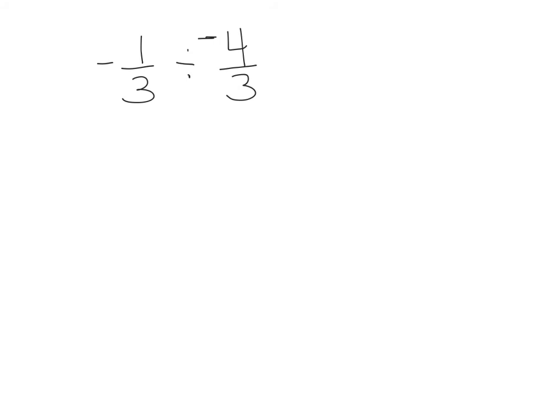Well, that would be a negative 1/3 times the inverse of 4/3, which is 3/4. And we have to remember that it's negative. Okay, so when we multiply these together, our 3's will cancel out. So we have a negative times a negative means that I have a positive answer, and then the only thing I'm left with is 1 over 4.